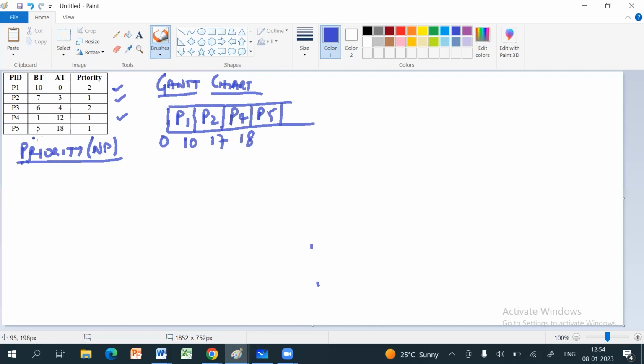P5 will be given a chance to execute for 5 units of time, that is till 23. And the remaining one is obviously P3. So P3 will complete last, which is 23 plus the burst time, that is till 29. Okay, so that's your Gantt chart for the priority non-preemptive version.